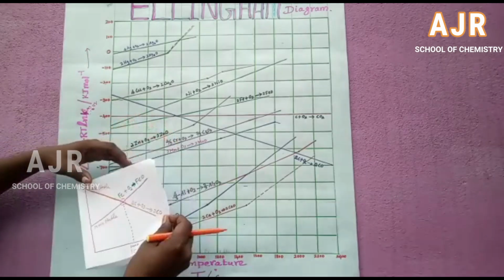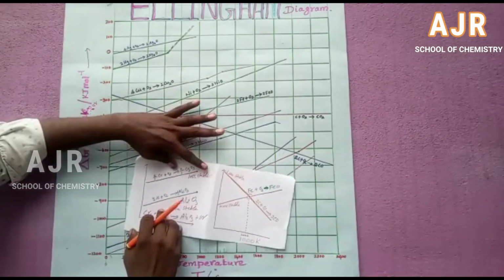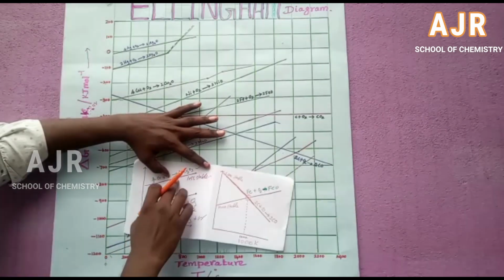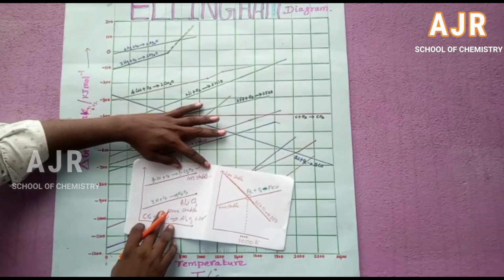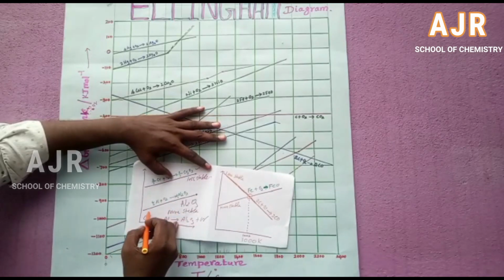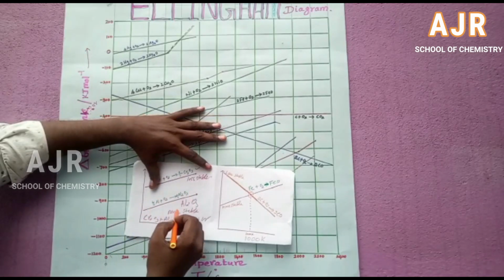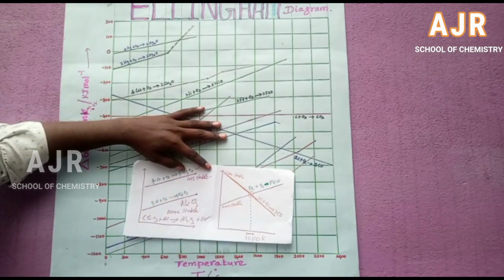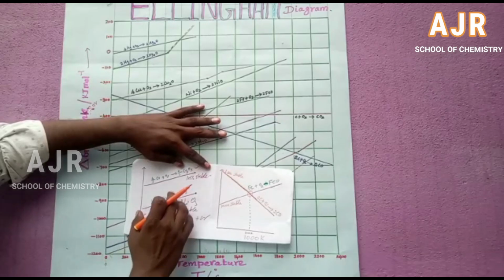As I discussed earlier, if any line lies above another line, the line which is lying below is more stable than the metal oxide which is lying above.